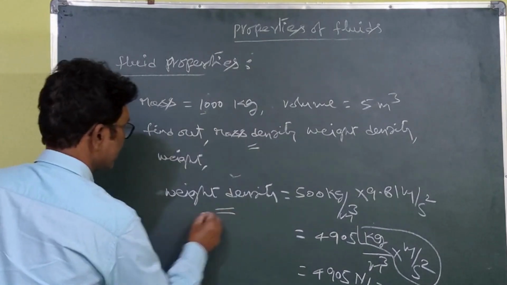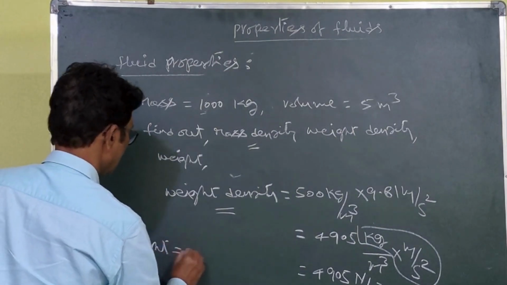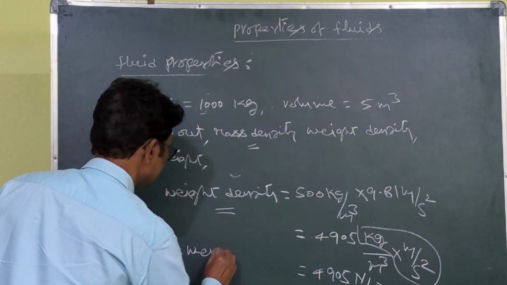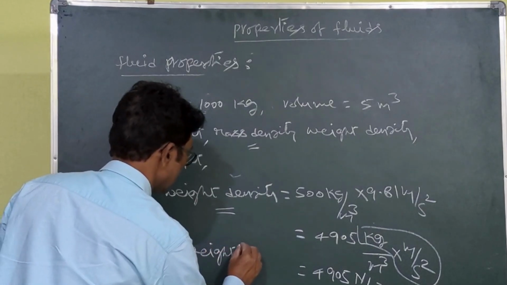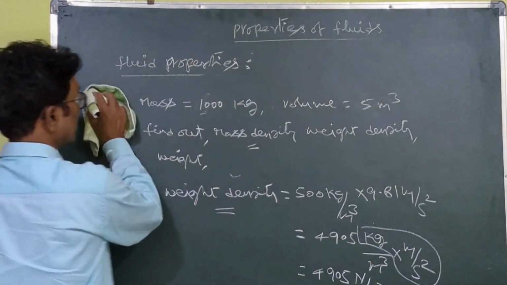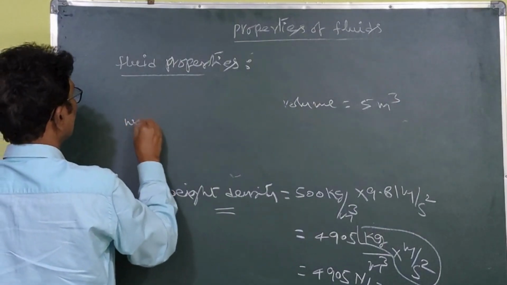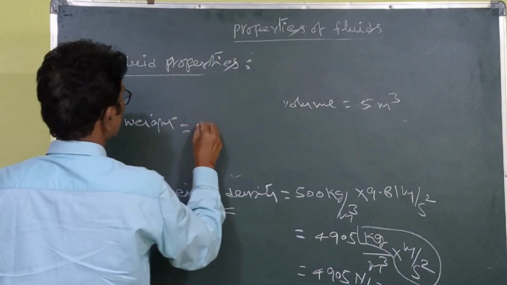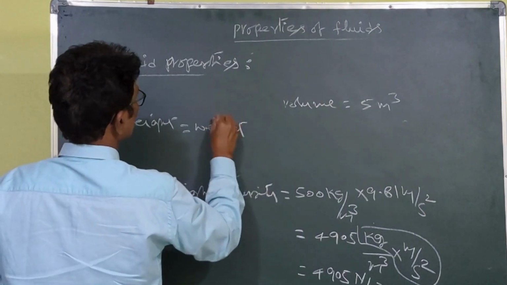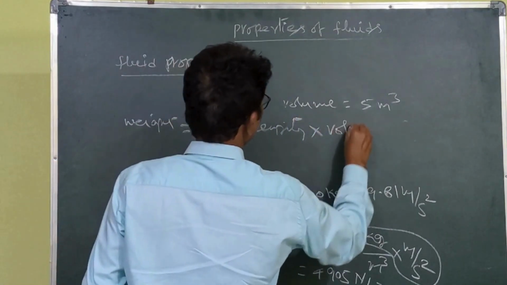Weight from this weight density is equal to weight density into volume.